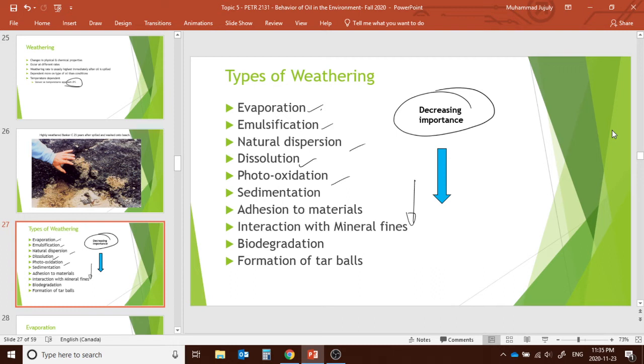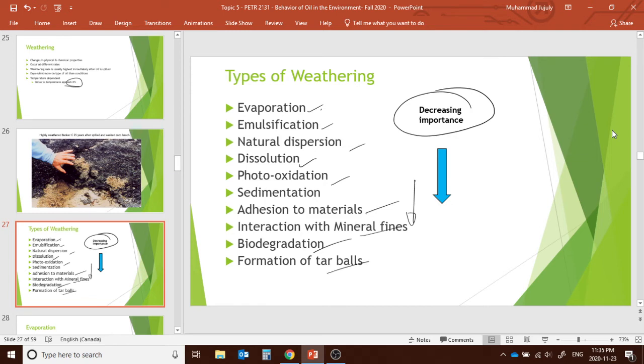Okay, the first important one is evaporation, and then emulsification, natural dispersion, dissolution, photooxidation, sedimentation, adhesion, interaction with mineral fines, biodegradation, and the formation of tar balls.